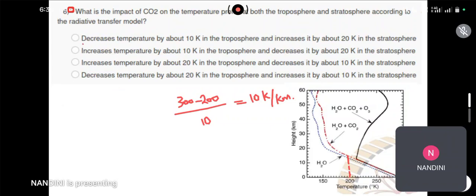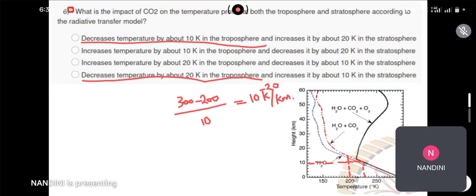So this one is correct. Approximately 10 to 20 Kelvin decrease is there for temperature in the troposphere.